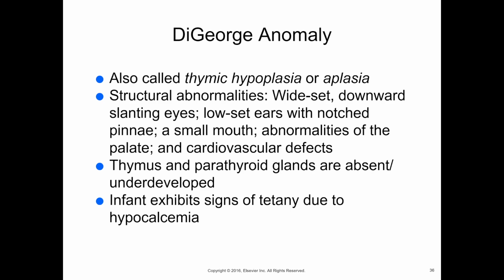Next, DiGeorge anomaly, a congenital condition of immunodeficiency resulting from defective development of the pharyngeal pouch system. So when we're developing in utero, our body kind of develops out in these patterns. And one of the most primitive forms that we can classify these down to are these pharyngeal pouches.